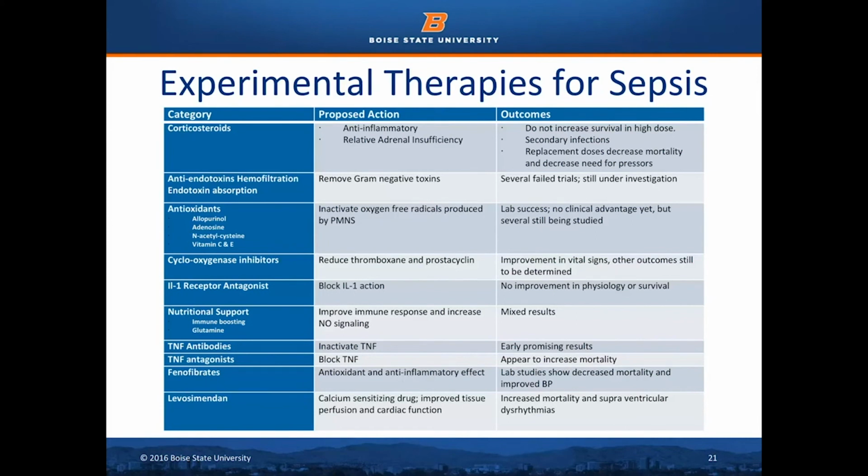A whole variety of antioxidants have been tried without individual success. Cyclooxygenase inhibitors, interleukin-1 receptor antagonists. There's some new work with interleukin 6 and 13. That's still not, and physiologically it makes a difference. And so the thing is, any of these anti-inflammatory interventions, if you gave them early enough, you might make a difference.